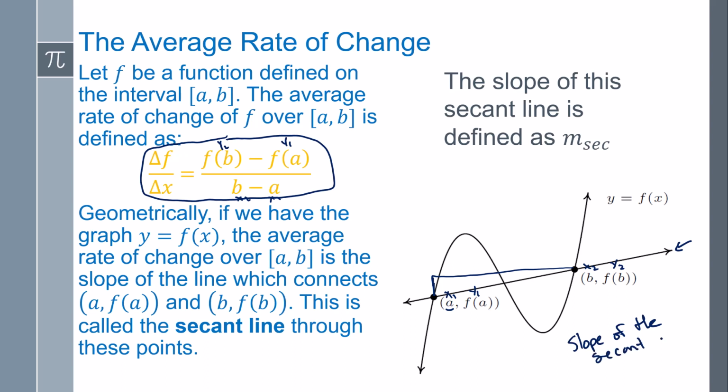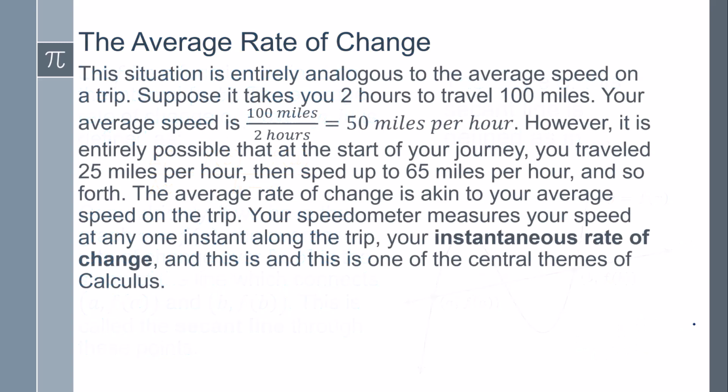Notice I can use the word slope because it's referring to a secant line. So just be a little careful with that. Average rate of change is used on functions that are not lines, but it's quote-unquote the slope. You can use the word slope when referencing a linear function.